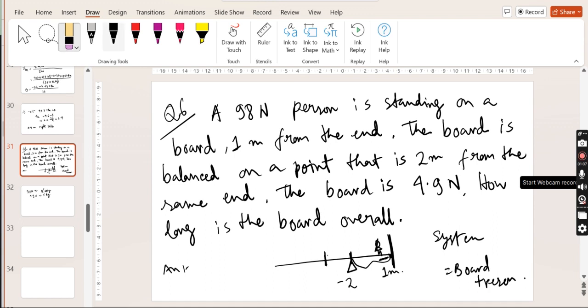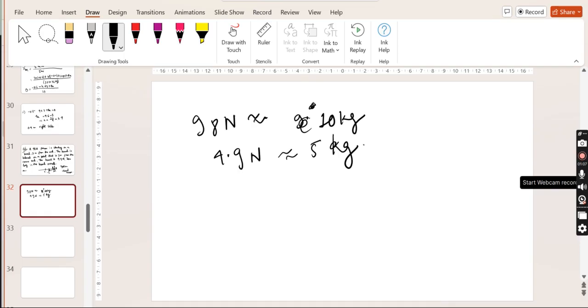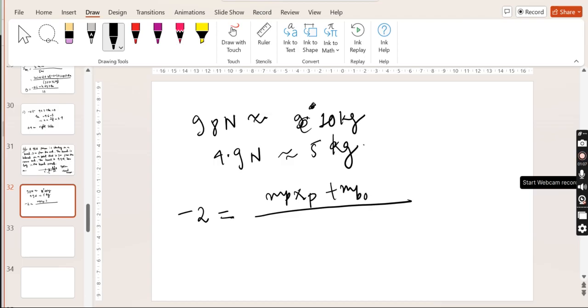We are doing the calculation with respect to A. This is X. The system center of mass is at point -2, which equals mass of person into position of person plus mass of board into position of board, divided by mass of person plus mass of board.